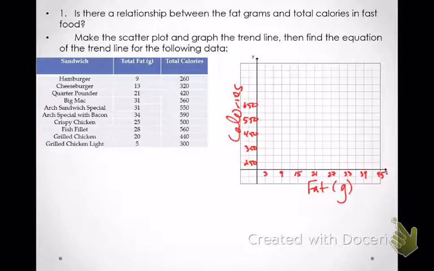Now I want to use all of these as ordered pairs. So I need to plot 9, 260. 9, 260 would be about right here. Then I'm going to plot 13, 320. 13 would be about right here. 320 would be about right here.